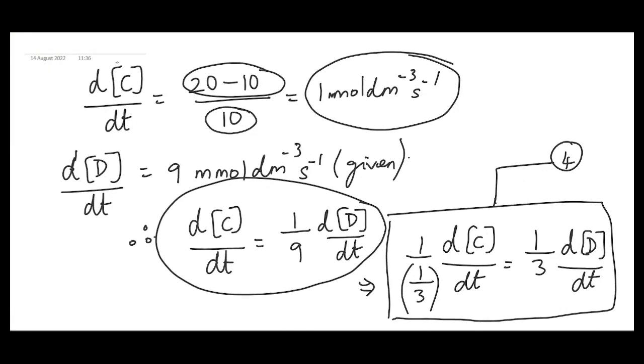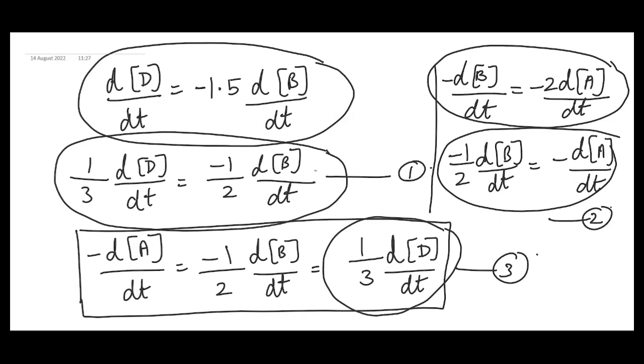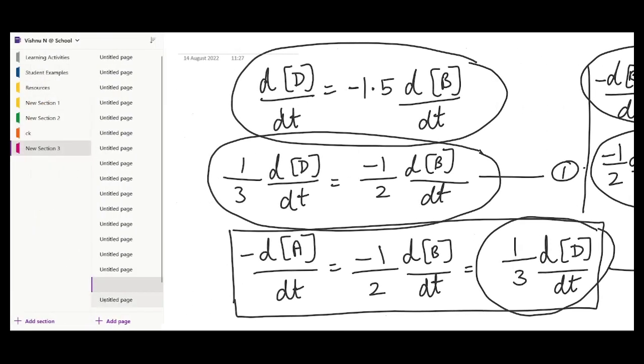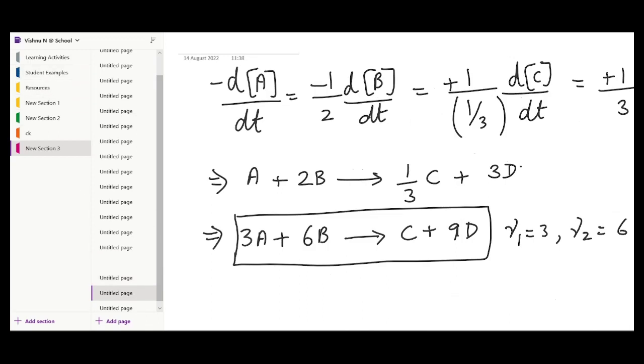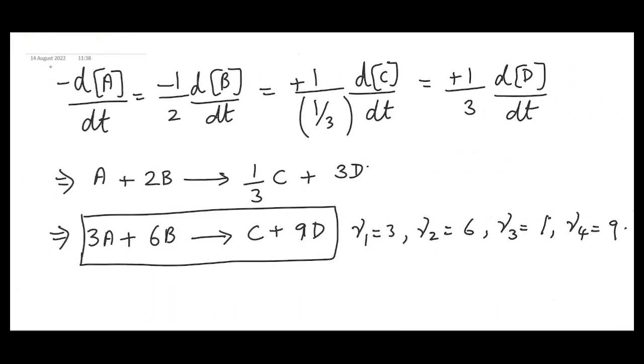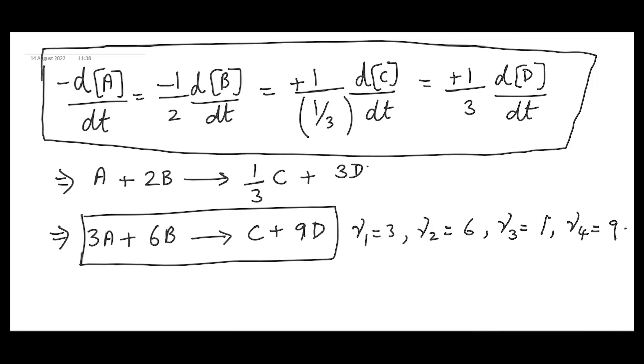So combining equation number 4 and the previous equation number 3, we get our final equation to be minus dA by dt is equal to minus half dB by dt is equal to 1 by 3 dC by dt is equal to 1 by 3 dD by dt. So from here we can compare the coefficients because we know the general equation.